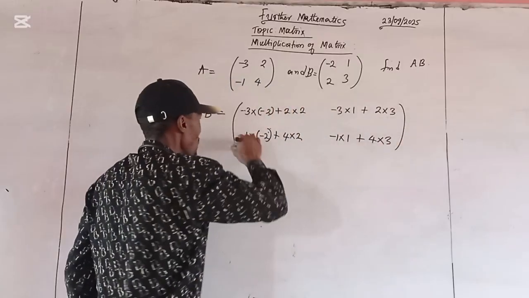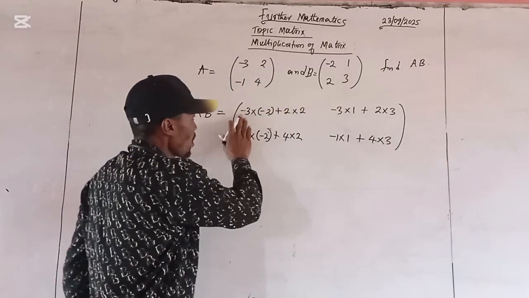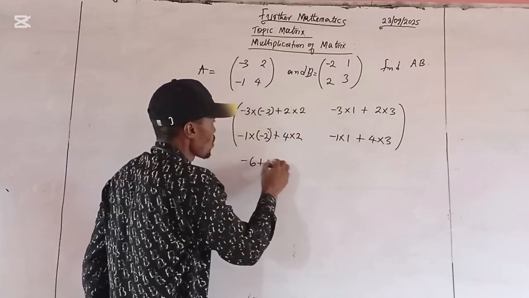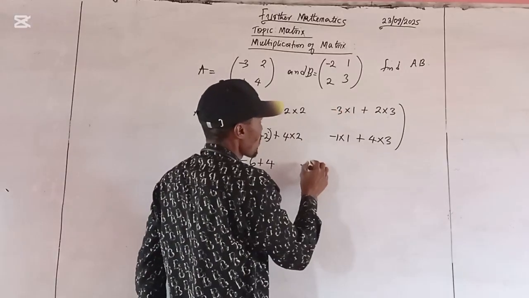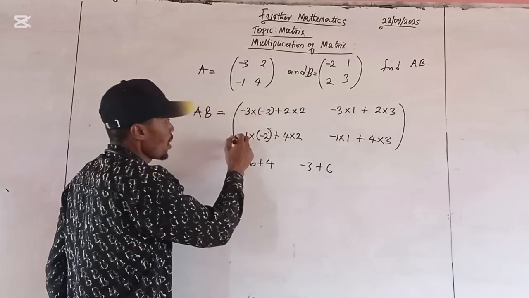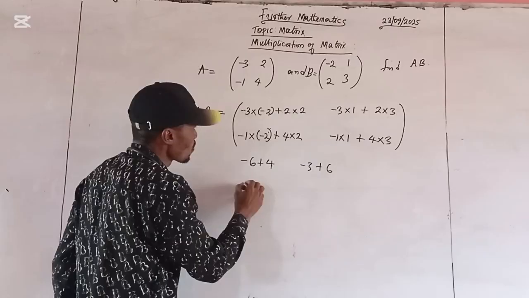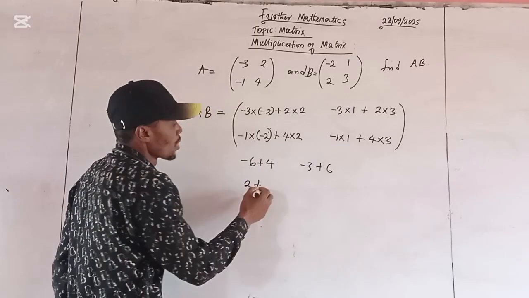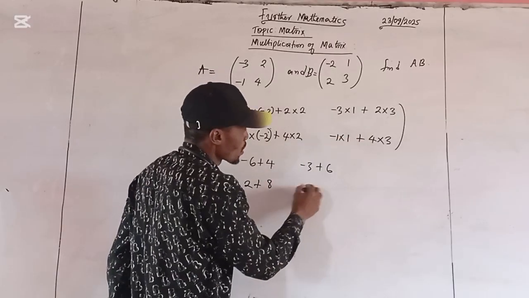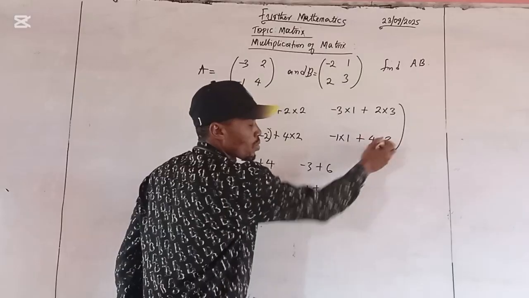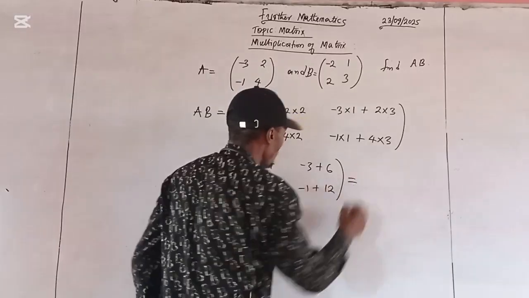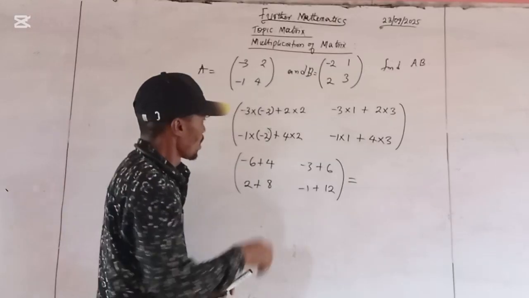Enclose this in a bracket, and you are going to have -3 times -2 is 6, plus 2 times 2, which is 4, -3 times 1 is -3, plus 2 times 3, which is 6, -1 times -2 is 2, plus 4 times 2, which is 8, -1 times 1, which is -1, plus 4 times 3, and that is 12.